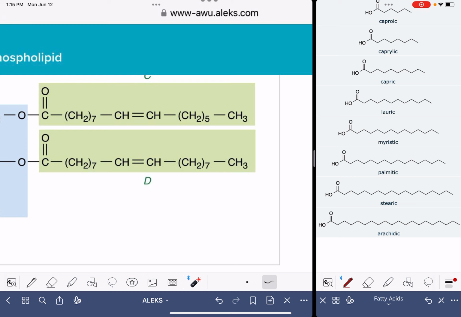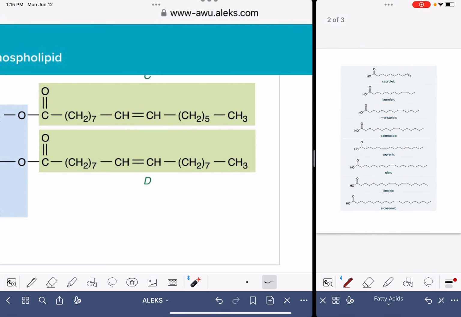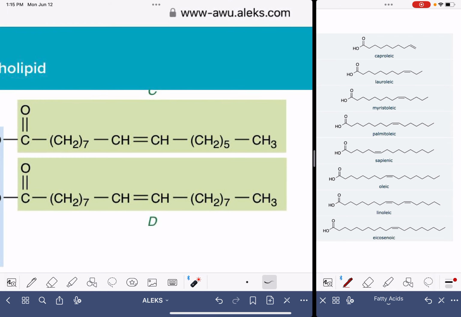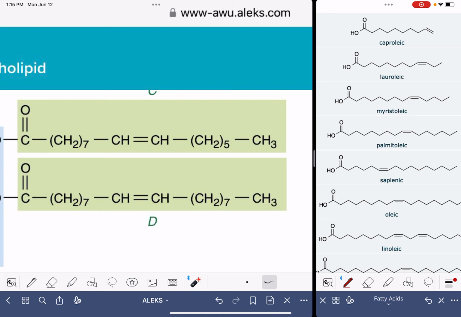We're looking for, we'll do this one first, a fatty acid that has one carbon-carbon double bond kind of in the middle. So perhaps maybe it's this, maybe it's this. We also need to count how many carbon atoms there are to help us identify exactly which one of these fatty acids we're looking at.